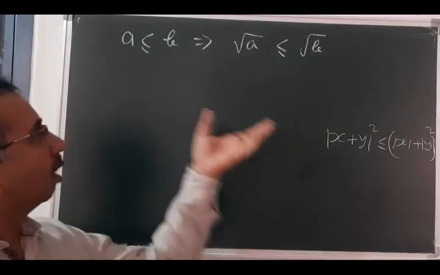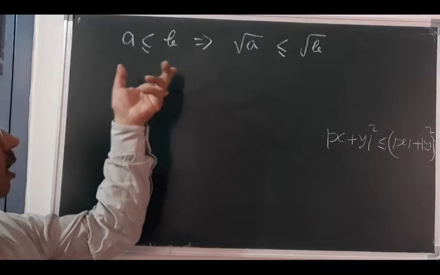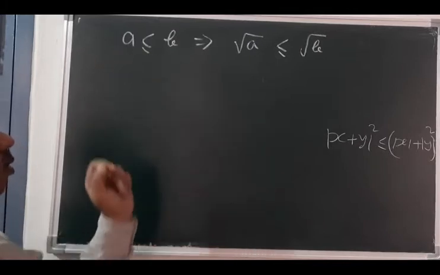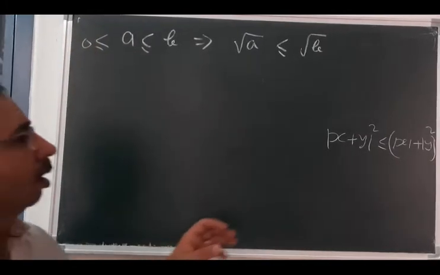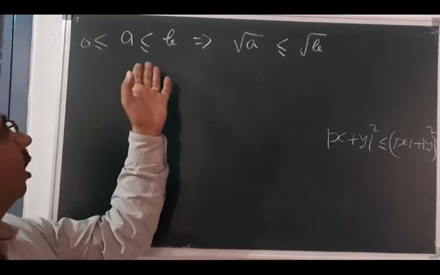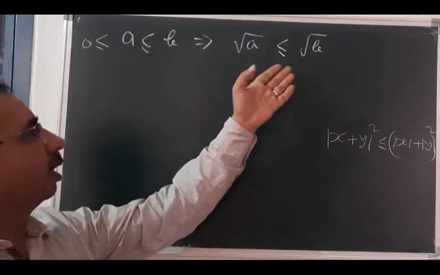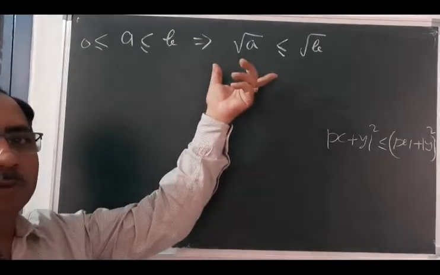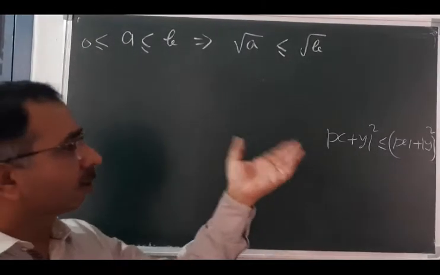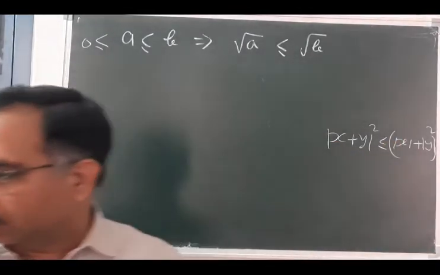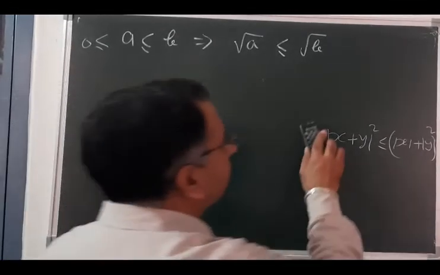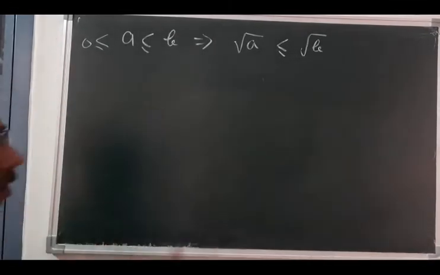So here I have used the result that whenever a is less than or equal to b, where a, b are positive or 0, then root a is less than or equal to root b. So I will prove this result also, because I have used it in proving my previous result. Let's see quickly what this result is and how to prove it.